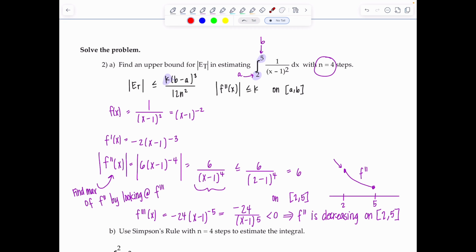But also 10 is an upper bound, 20 is an upper bound. But those are not the least upper bounds on the second derivative. And you don't want to overshoot too much because then the upper bound on your error doesn't tell you as much information, right? Like I could tell you I'm less than 100 years old, but that still doesn't give you a very good idea of my age, right?